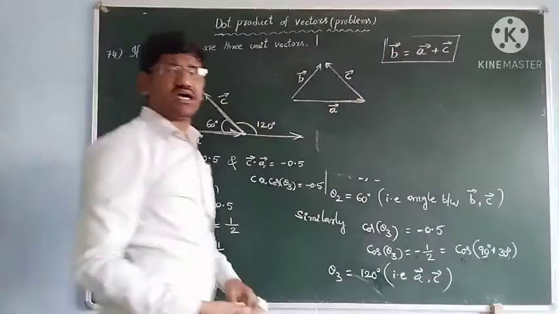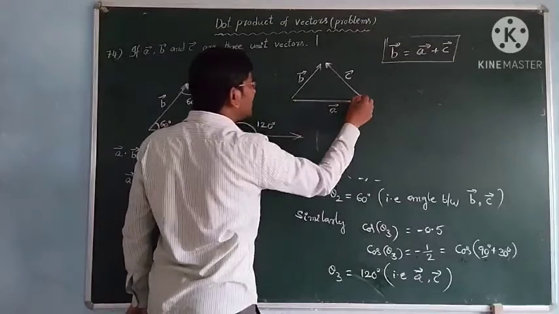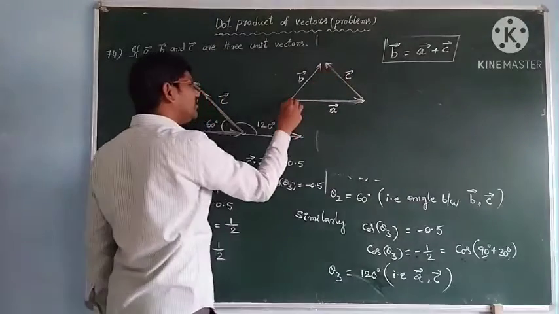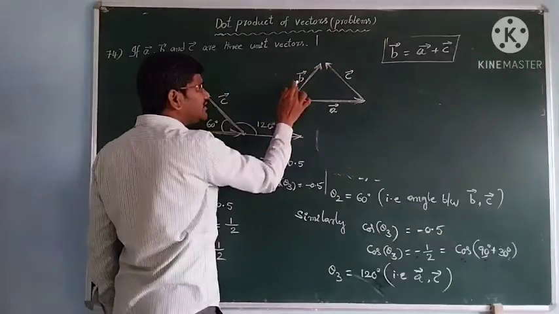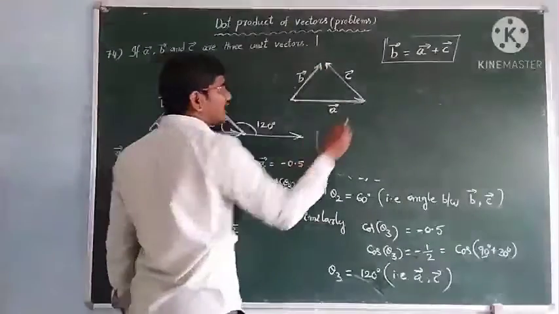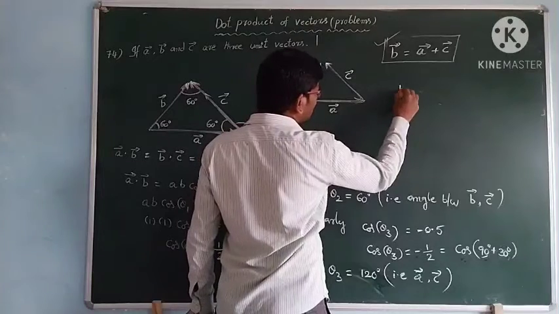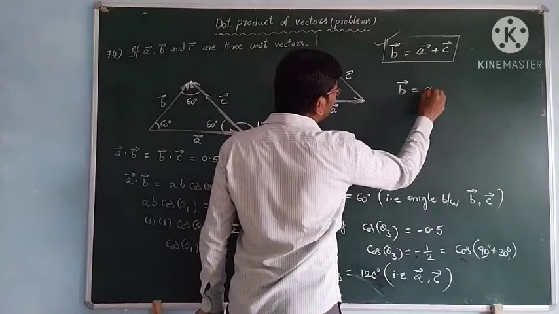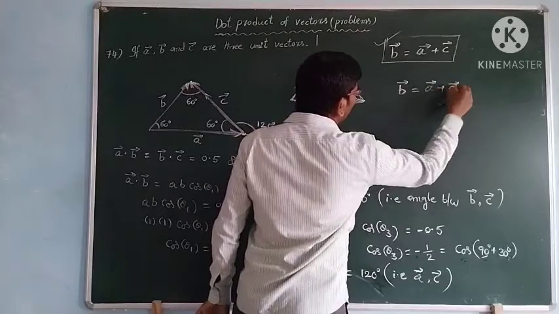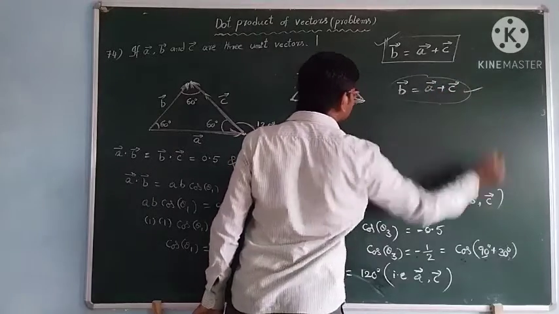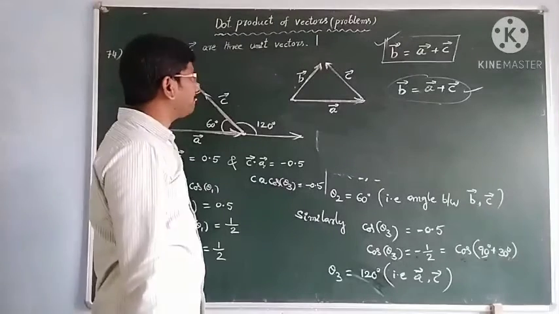So first vector started here, second vector started here. Now you draw a line from the initial point of the first vector to the final point of the second vector. It gives the addition of these two vectors. So the correct relation is B bar is equal to A bar plus C bar.